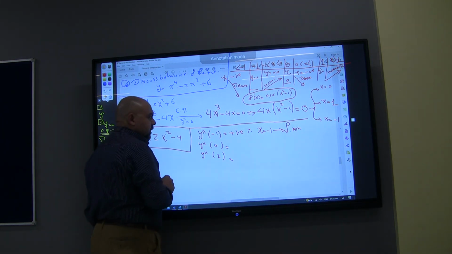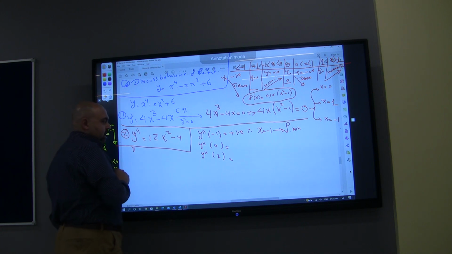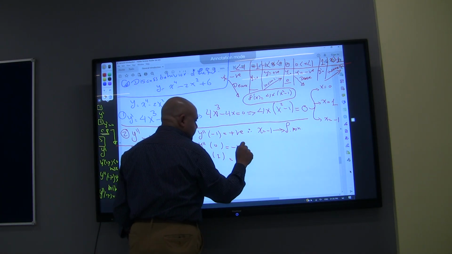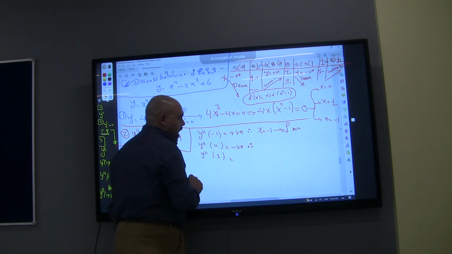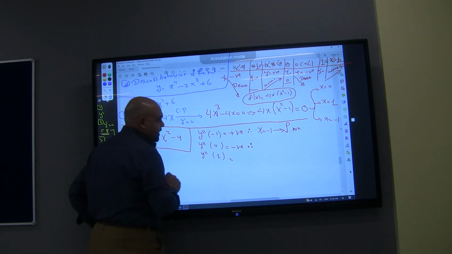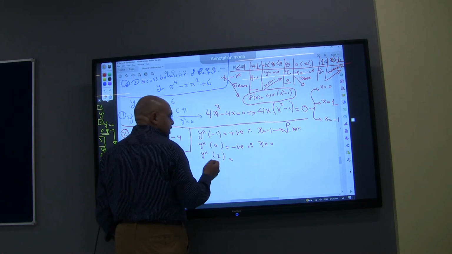Now if I come at 0, and make a substitution in y double dash, this part will be cancelled, remaining negative 4, which is actually a negative value. Then that means x equal 0 in this case, I have a negative value.